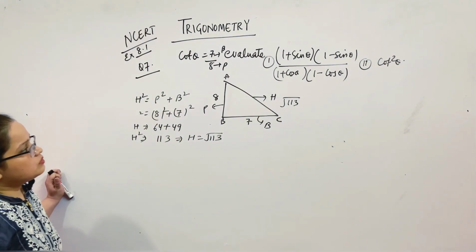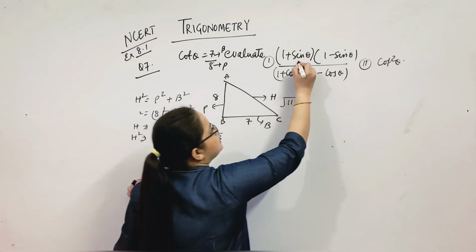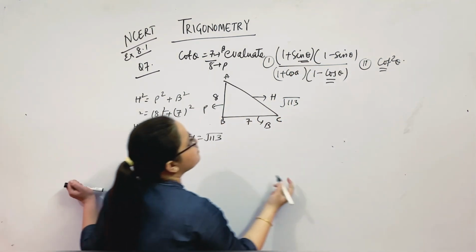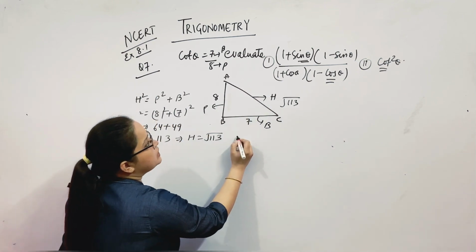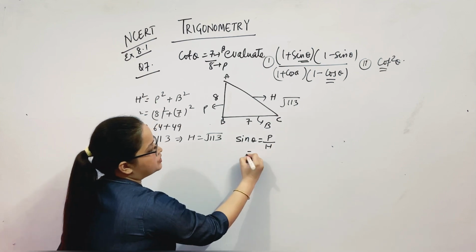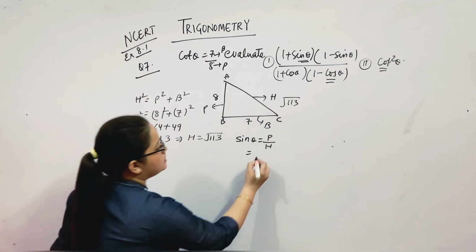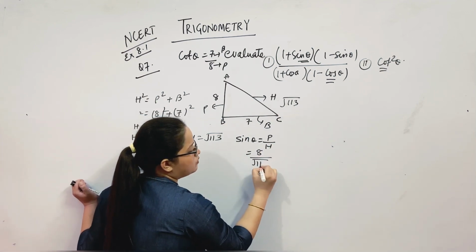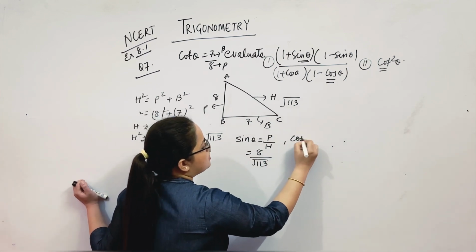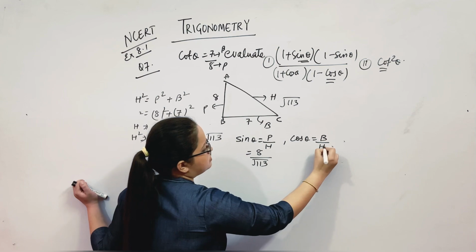Okay. So what do we need in the question? We need sine theta, cos theta, and cot theta. For the first question, we need sine theta. So sine theta is what? P over h. P is 8, hypotenuse is root 113. Similarly, cos theta is B over h.